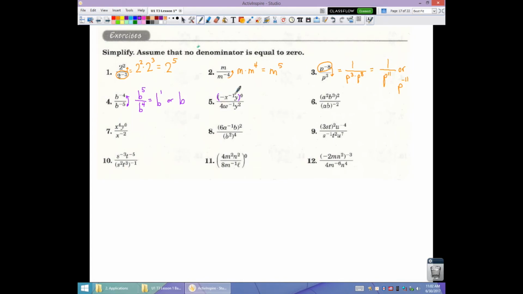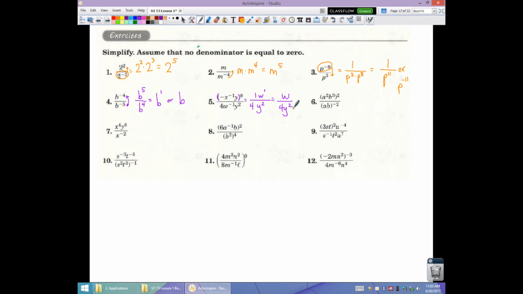So since that entire expression in the numerator is raised to the 0, the whole numerator just becomes 1. In the denominator, the 4 has no exponent, so I'll leave it alone. But w to the negative 1st, I would move to the top and make it w to the 1st. Leave y squared where it sits. So this would be a fine answer. To look a little neater, it could be w over 4y squared.